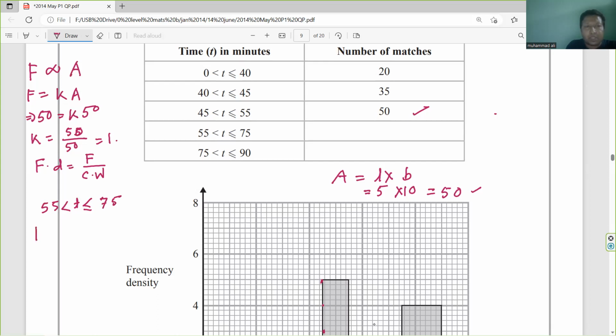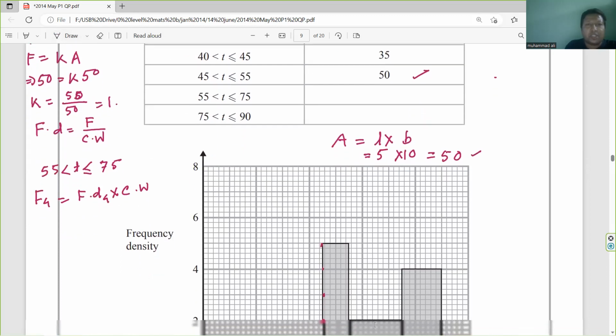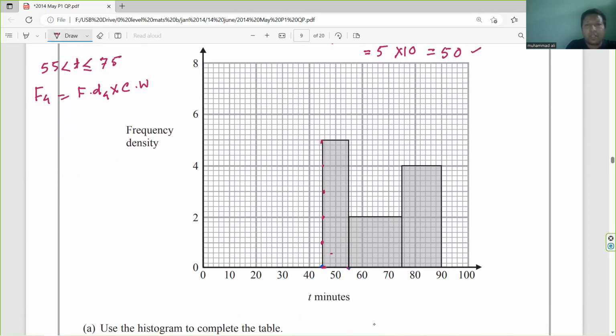We make frequency the subject: frequency equals frequency density multiplied by class width. Where do we get the frequency density? For 55 to 75, the frequency density is 2, and the class width is 20. So the frequency is 40.